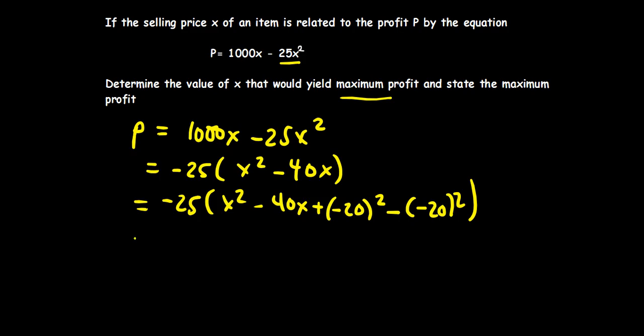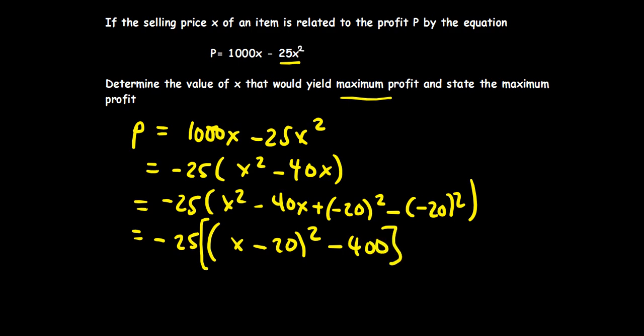Then we'll have negative 25, x minus 20, squared, then minus 40 squared, which is just going to give us 400.